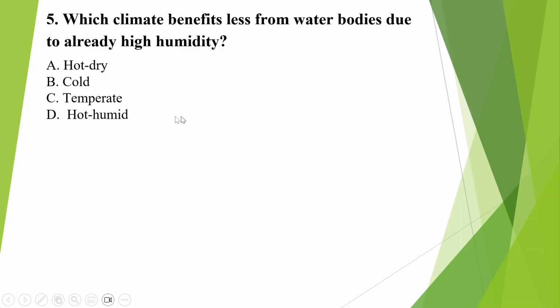So in places where there is already high humidity, or a hot and humid climate, evaporative cooling does not benefit much. It's already humid there, so more evaporation or humidity can cause discomfort for the people.